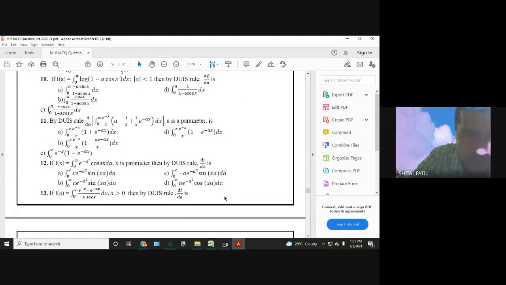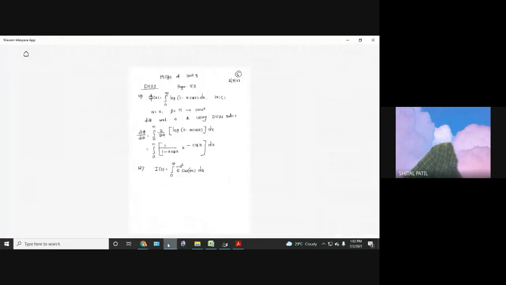Okay, question number 12. See the question number 12. I of x is given, integral 0 to infinity e raised to minus a square cos of ax dA. Okay, it is not dx, dA is given, and it is asked to find the derivative with respect to x.